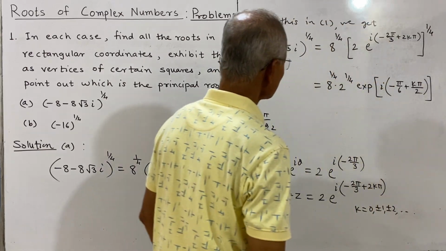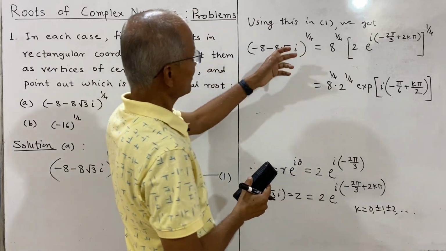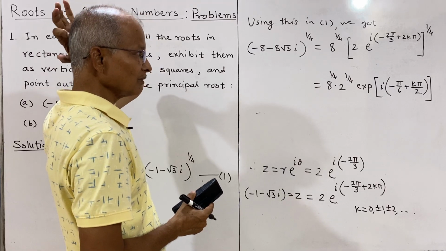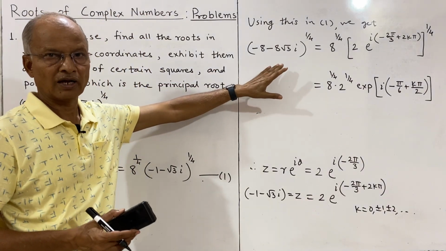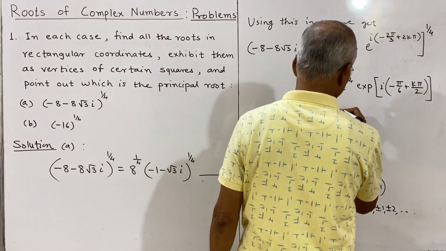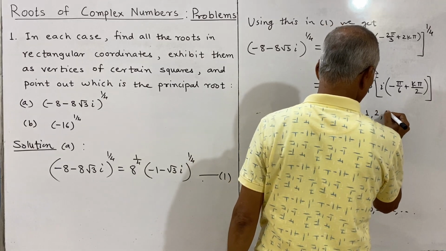and thus these are the values, this is the expression for the fourth root of the given complex number. Here we know the fourth root will have 4 values, and to get 4 distinct values we have to put k equal to 0, 1, 2, 3.